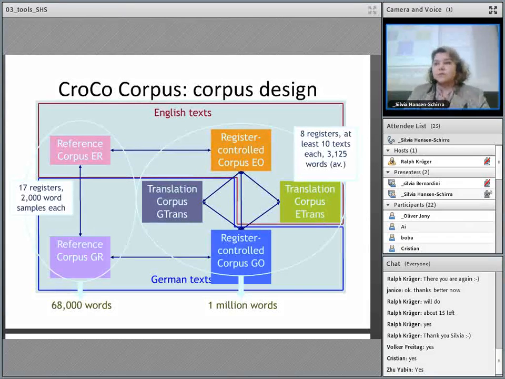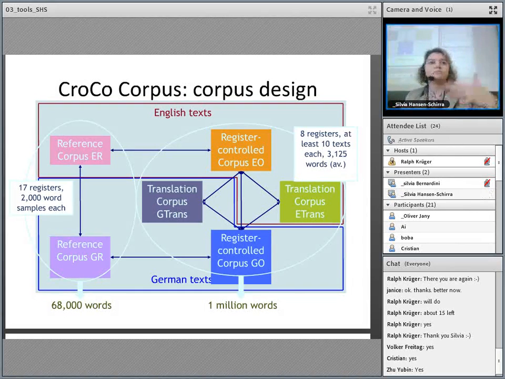So we started developing an annotated corpus, the CroCo Corpus for English-German, and I would like to introduce you to the corpus design and the annotation and alignment layers. We have English texts included in our corpus as well as German texts: German originals, GO, and English originals, so we have a bilingual comparable corpus, originals in both languages. We have seen that so far.